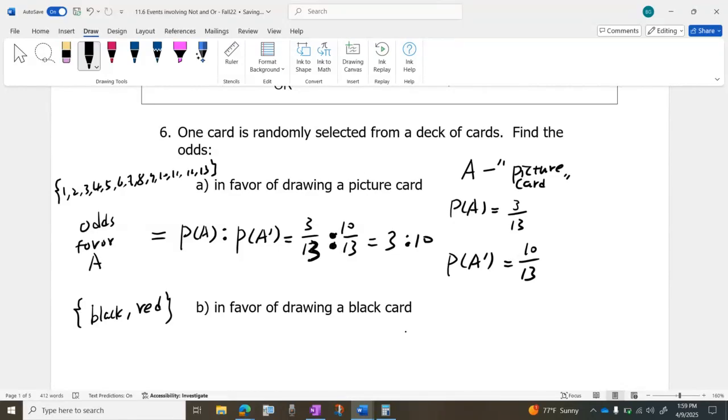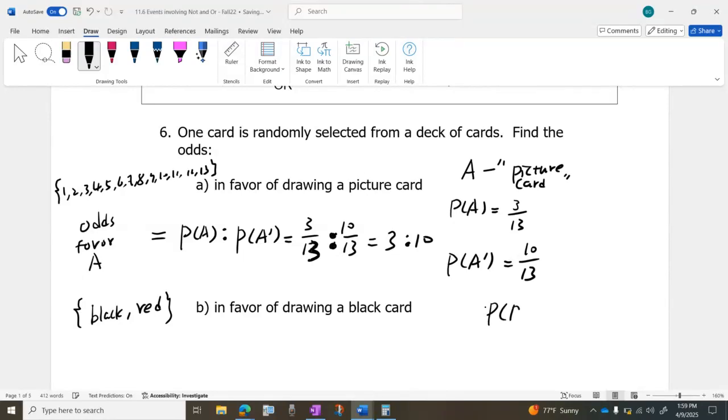My experiment, in this case, is draw a card from the deck and observe the color of the card I drew. It's either red or black, so the sample space is black and red, equally probable. So the sample space is very simple.